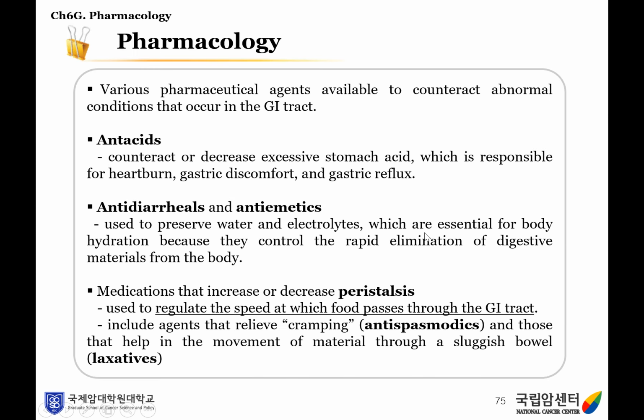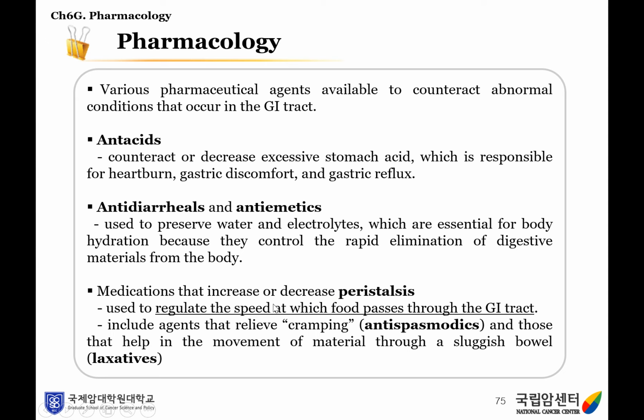As for pharmacology, there are various pharmaceutical agents available to counteract abnormal conditions that occur in the GI tract. Antacids counteract or decrease excessive stomach acid. Antidiarrheals and antiemetics can be used.